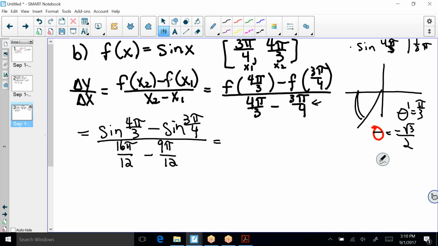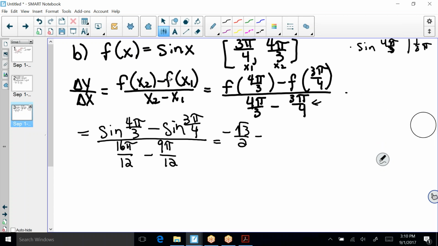So sine of 4 pi over 3 is going to be negative root 3 over 2. All right, then we have to find the sine of 3 pi over 4. So let me erase this here so I have room to write this.